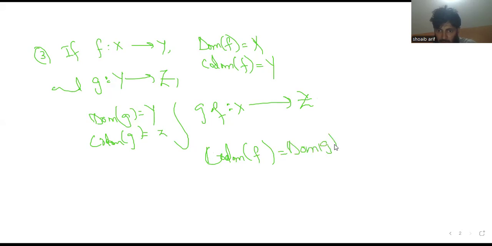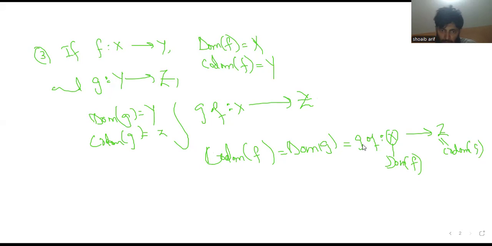So there is a morphism g of f from X to Z, whose domain is equal to the domain of f and whose codomain is equal to the codomain of g.